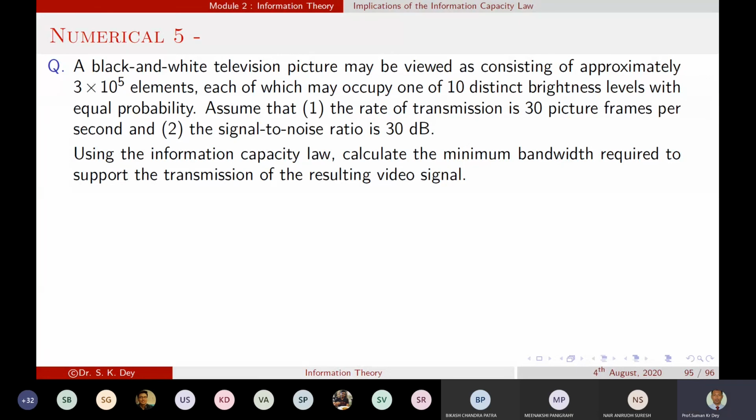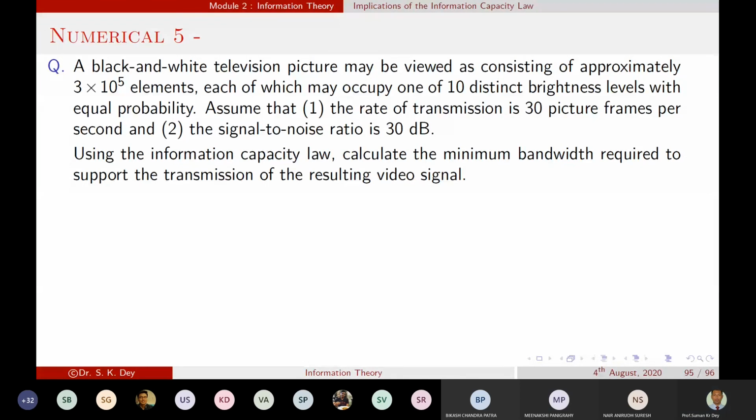When we did quantization, we discussed what the number of bits should be. When calculating the capacity of the channel, we need to find out how many bits we are transmitting. Since there are 10 levels and all the symbol elements have equal probability, we can represent a level by how many bits?